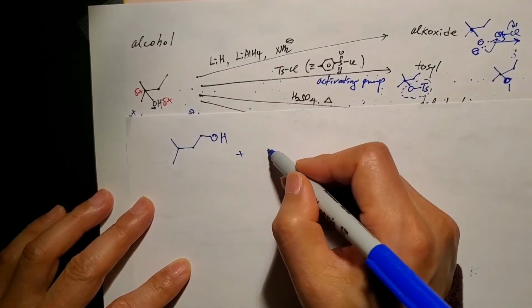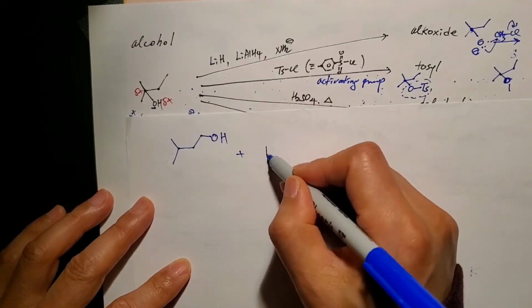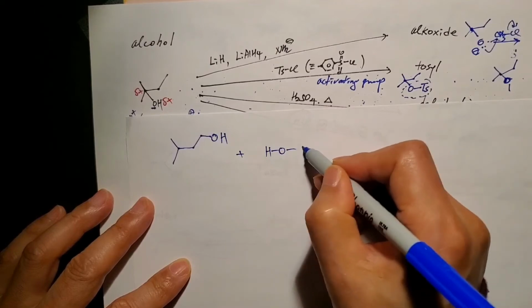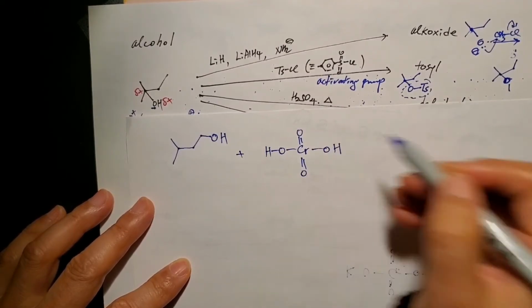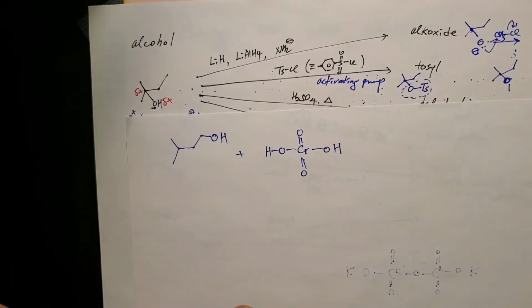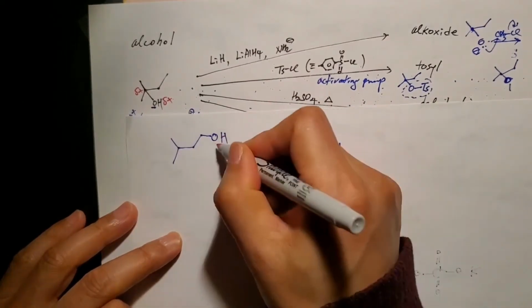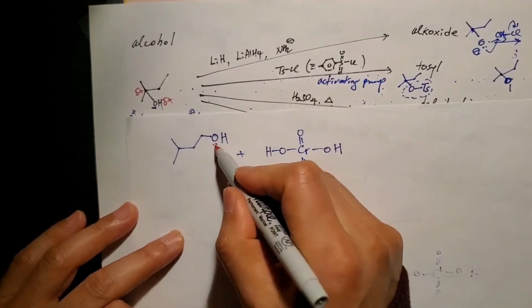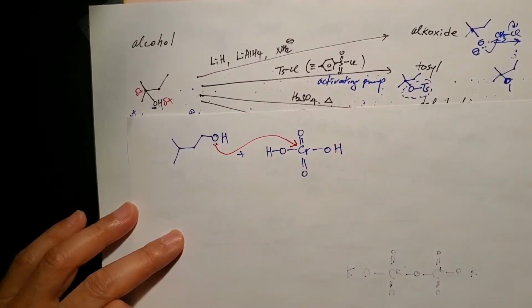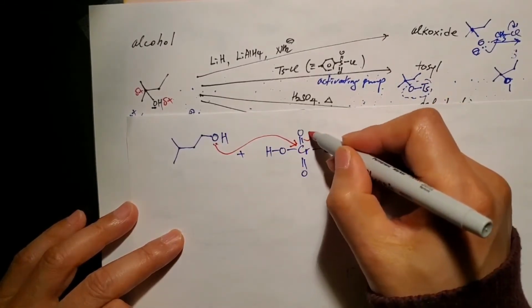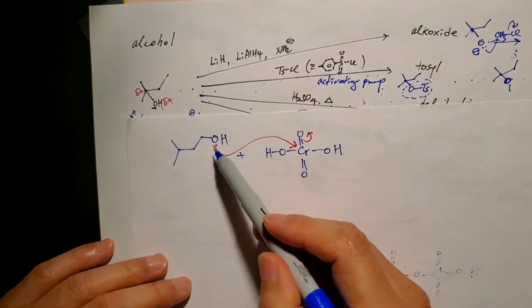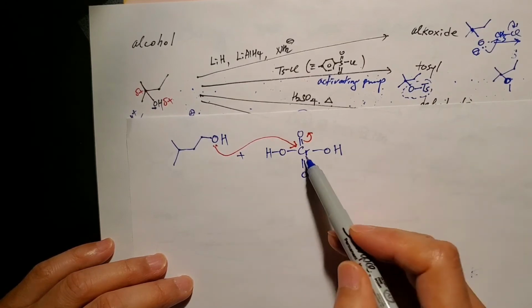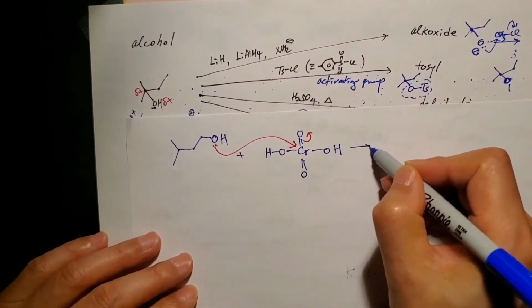And there you have a variety of mechanisms possible. So first, you can think of ways of attacking here, and you break the pi bond. That's because, again, the alcohol is basic, and the chromium is very acidic.